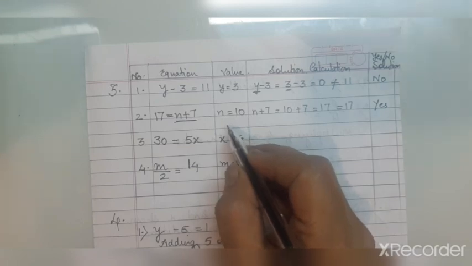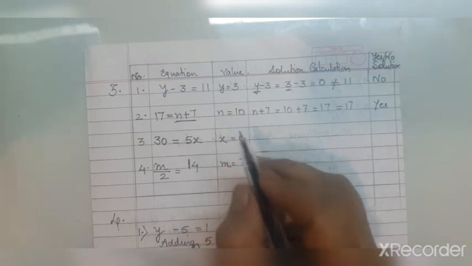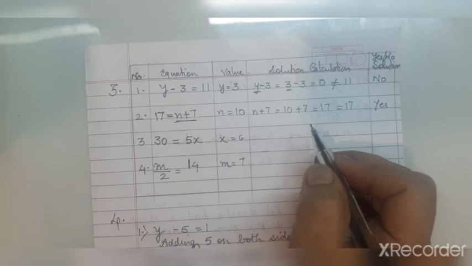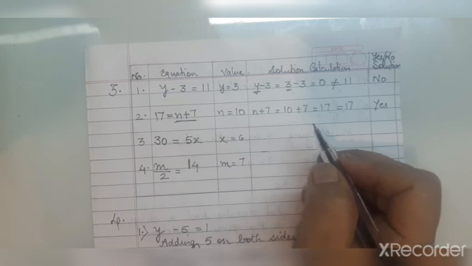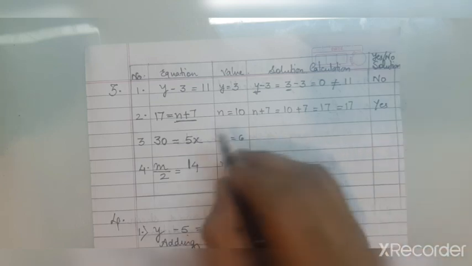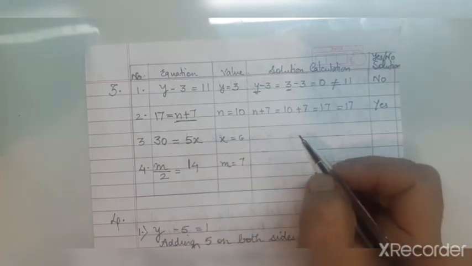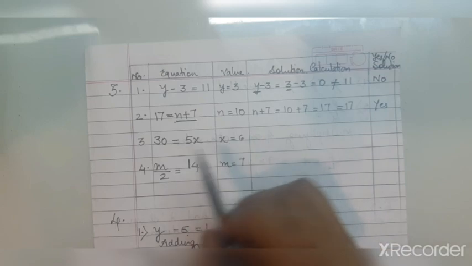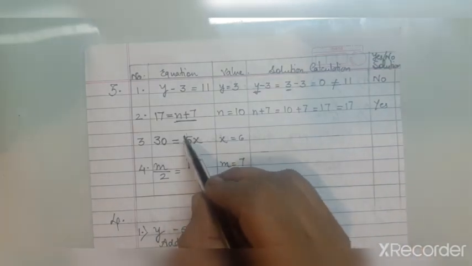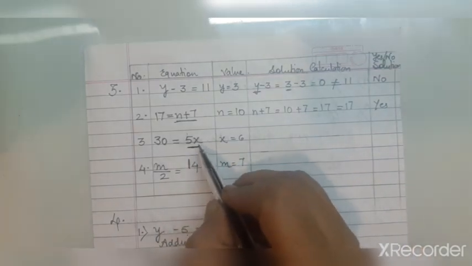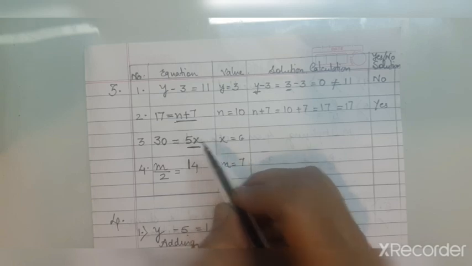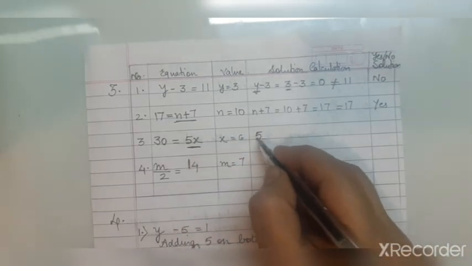Okay. We have to just tell whether the values that are given are correct. So yes, the value which is given is correct, which we can use to solve this particular equation. Okay. Now the third one. Again we have to take the right hand side because the variable is on the right hand side. So I'll take 5x.